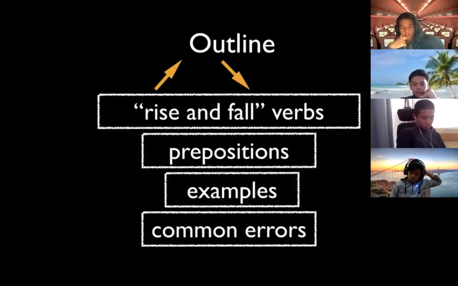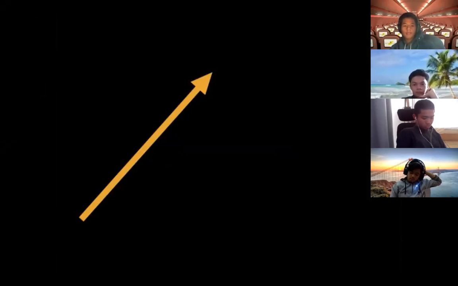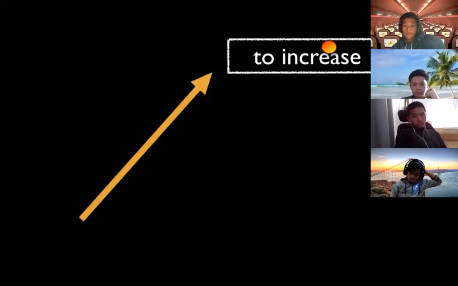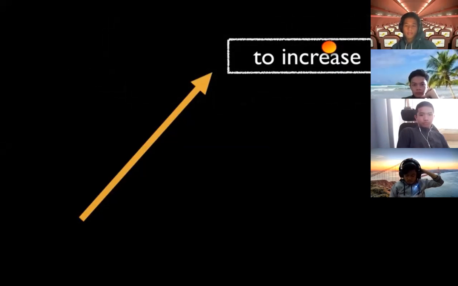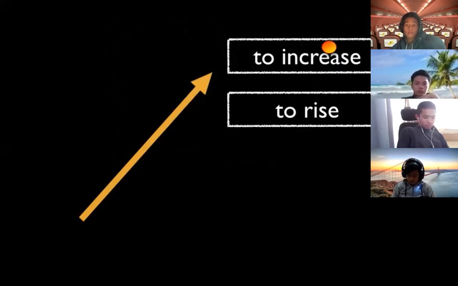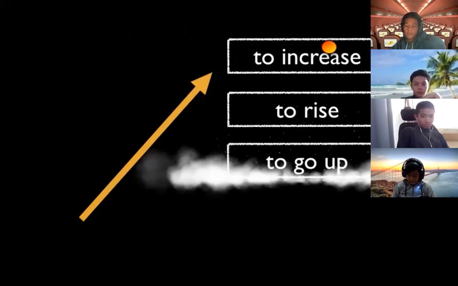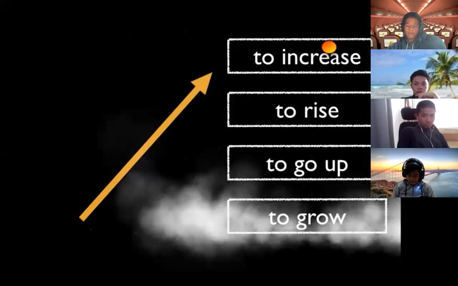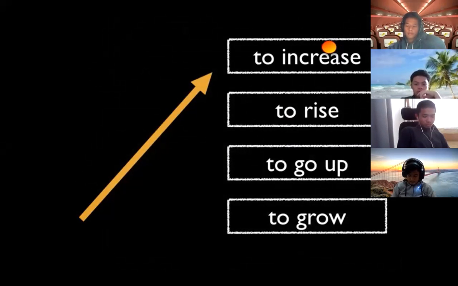So let's start with the main verbs for this rising trend. To increase. To increase. Notice the stress on the second syllable. To rise. To rise. To go up. To go up. And to grow. To grow.